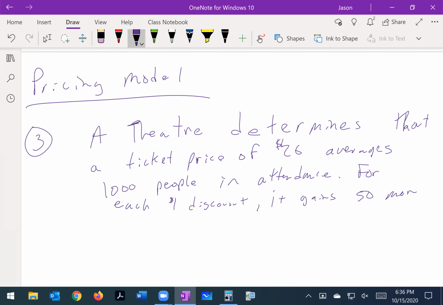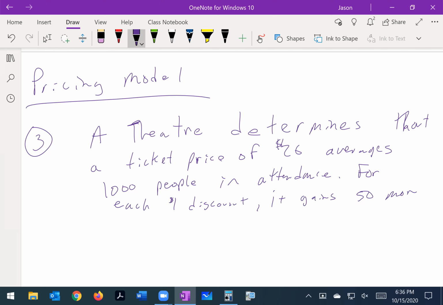Okay, it gains 50 more customers. What price should the theater charge to maximize the revenue? What price should they charge to maximize revenue?